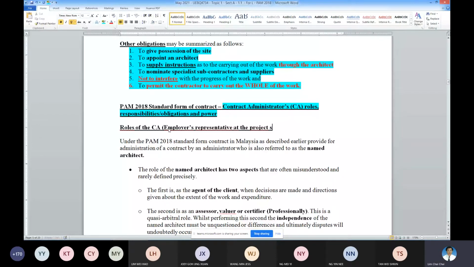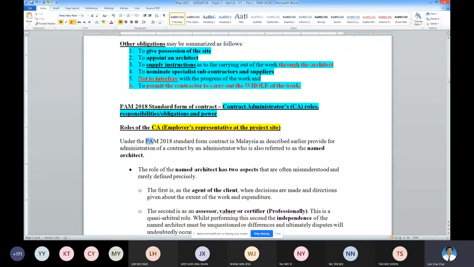So the CA is actually almost like the employer in this instance. And then how to get the contract administrator or the architect into the equation under your PAM 2018 standard form of contract.